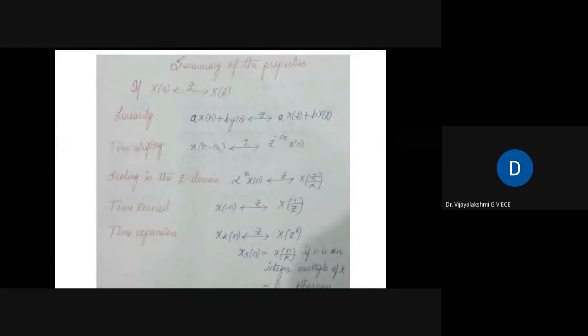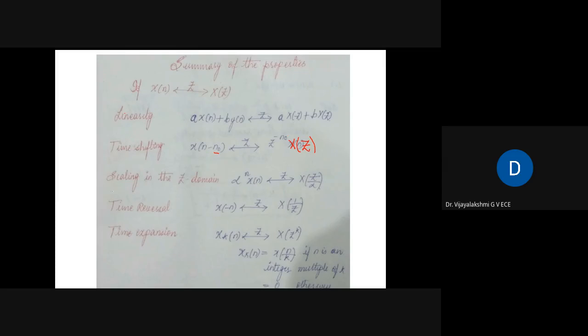Then the time shifting property is straightforward. If you shift the signal in the time domain by n naught, the Z transform X of z will get multiplied by z power minus n naught.